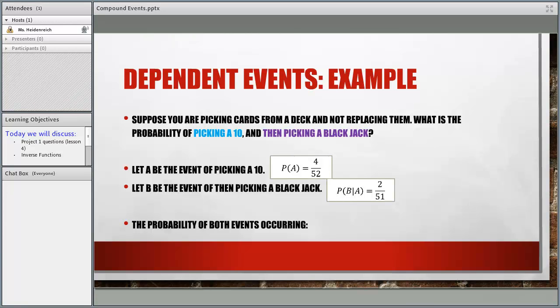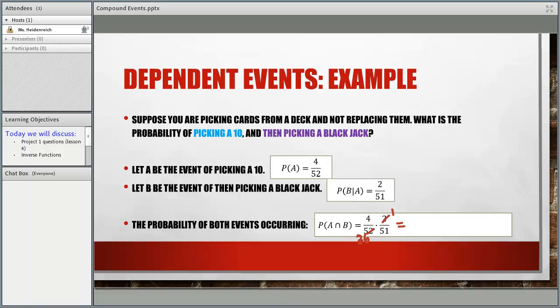So the probability of both events occurring is simply the product of those 2 probabilities. So we would multiply 4 over 52 times 2 over 51. If we do that, we're going to obviously get 8... Oh wait, maybe I want to simplify ahead of time. I always like to do that. So 2 divided by 2 is 1, 52 divided by 2 is 26. Oops, that's supposed to be a 2.